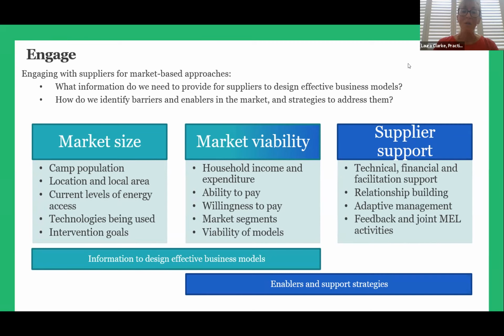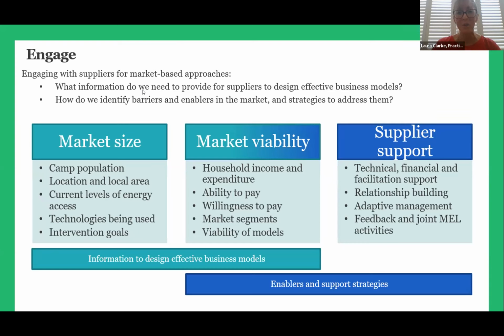That was a case of sharing information that we had collected during the assessment phase, but also through our MEL processes and being adaptive as the project was implemented. Key in that was ability to pay, existing income and expenditure, customer sizes, market sizes, and balancing business model costs with the customer base that existed in the camps.